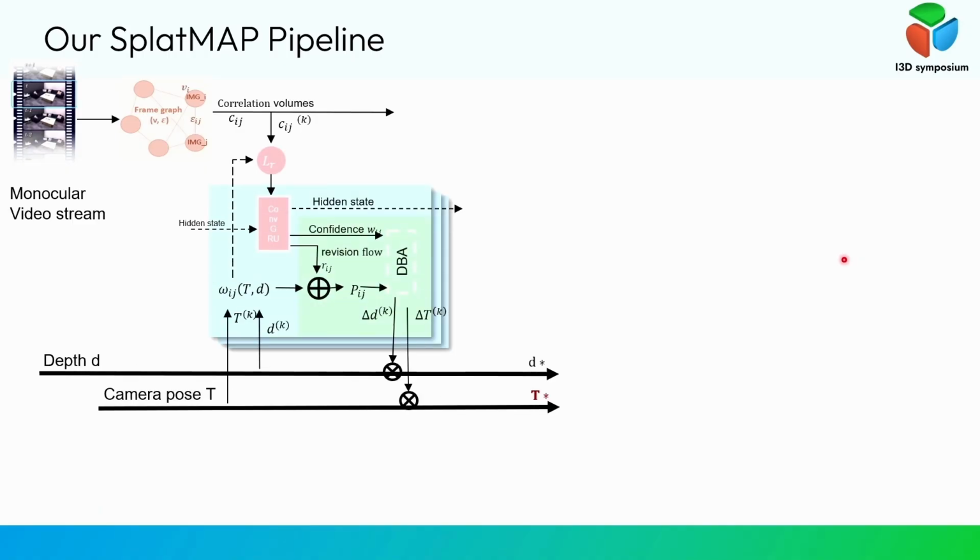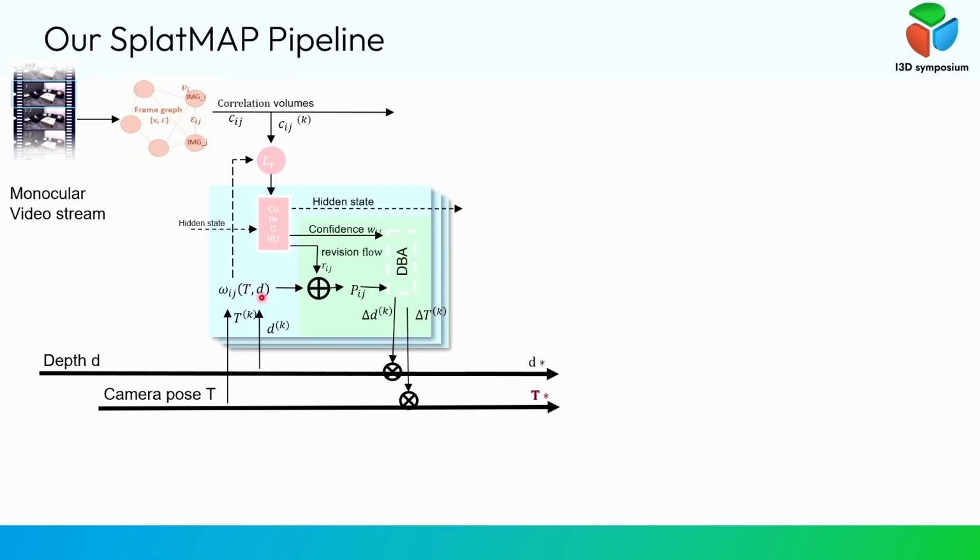Then, different from other more traditional SLAM methods like ORB-SLAM, in this DROID-SLAM structure we implement the camera pose and depth estimation differently. At the very beginning, we estimate the depth and the camera pose based on the previous images, and then based on this T and D we calculate the induced flow.